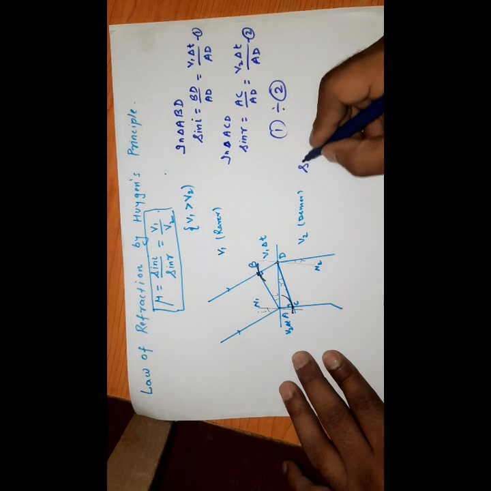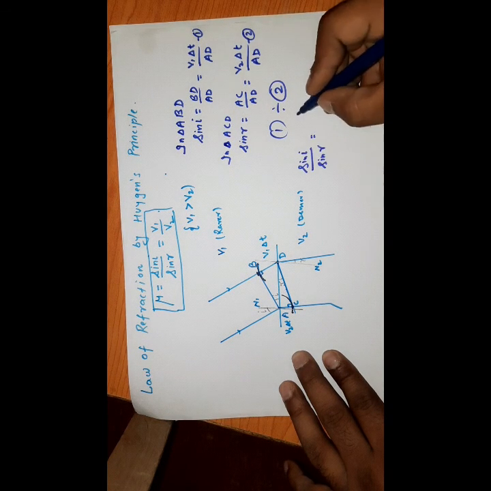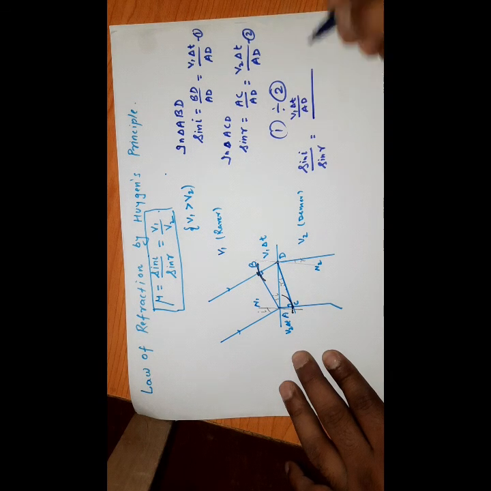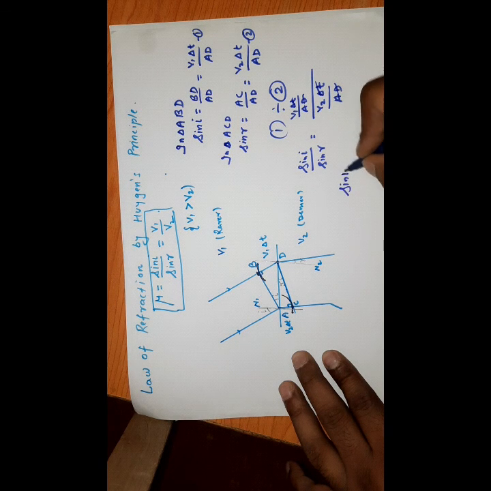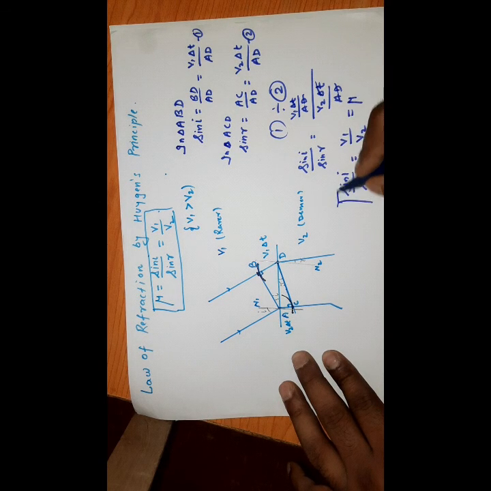What will we get? We will get sine i upon sine R is equal to V1 delta t upon AD divided by V2 delta t upon AD. AD will cancel out, delta t will cancel out. We will get sine i upon sine R is equal to V1 upon V2, and this is equal to mu, the refractive index of medium 1 with respect to medium 2.